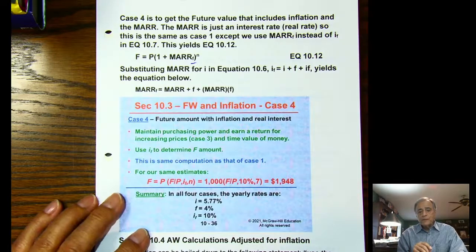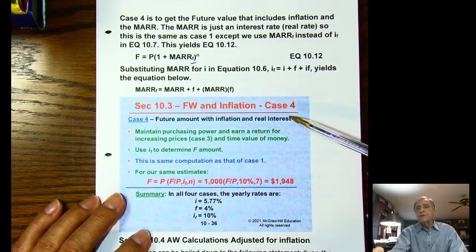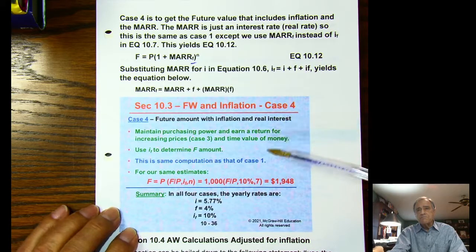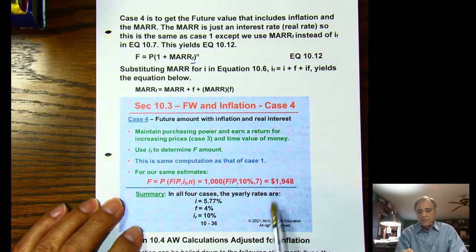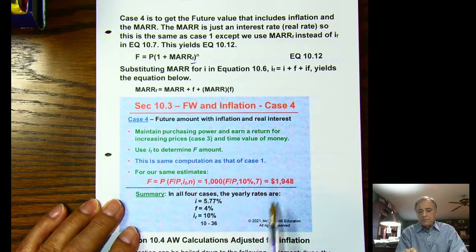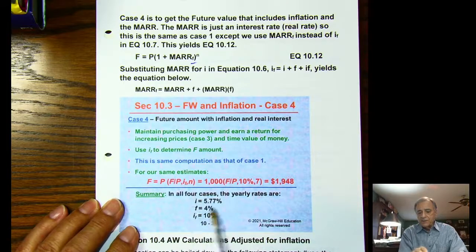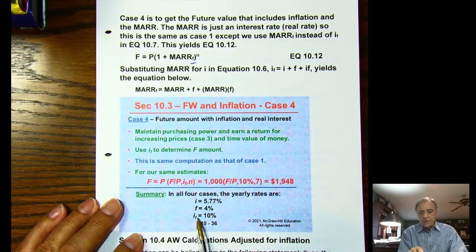So when we solve case 4 using MARR f, we're just basically going to get the same result that we got in case 1, okay? We want to account for inflation, and we also want to earn a rate of return. But understanding that the real rate of return that we're earning above inflation is 5.77%. And this is the market rate that we're using, 10%.